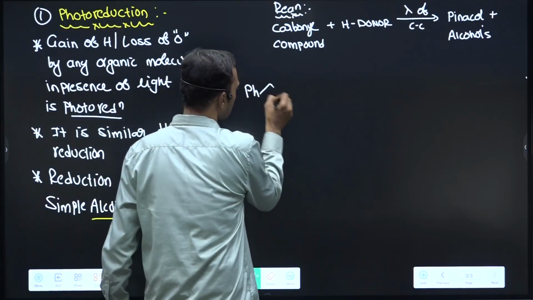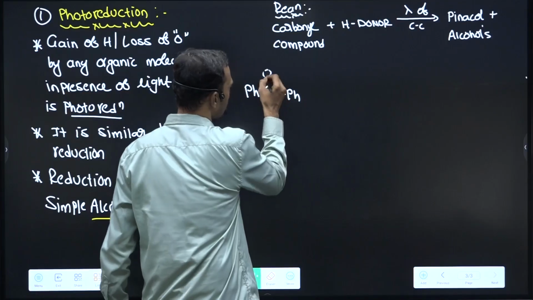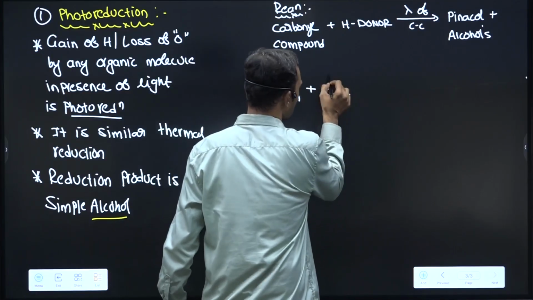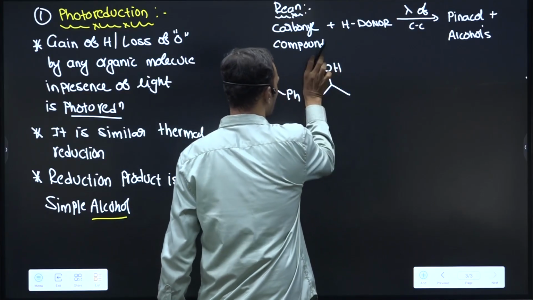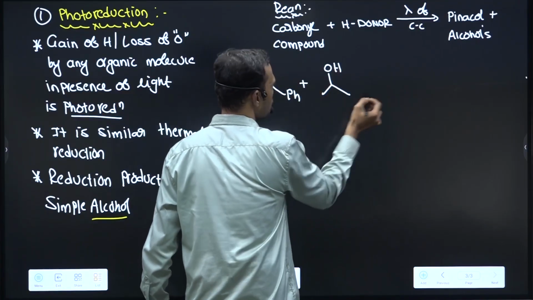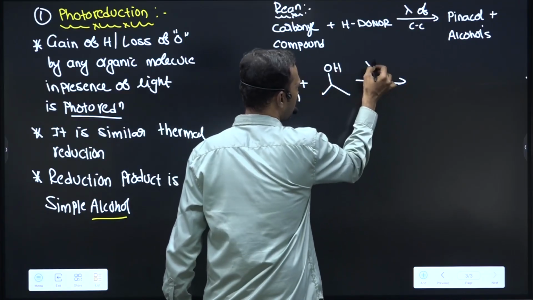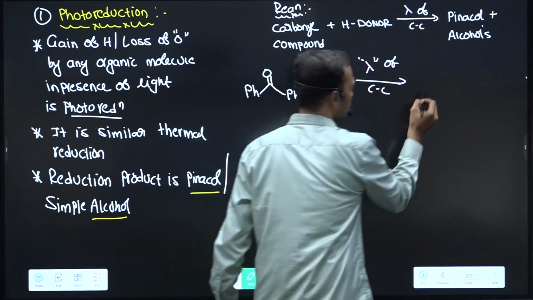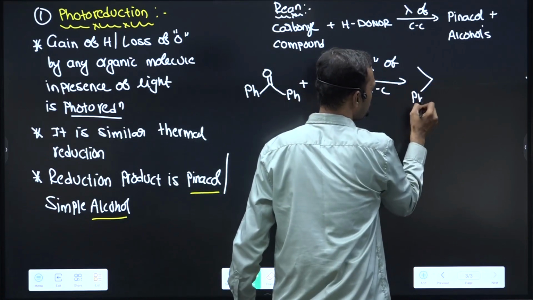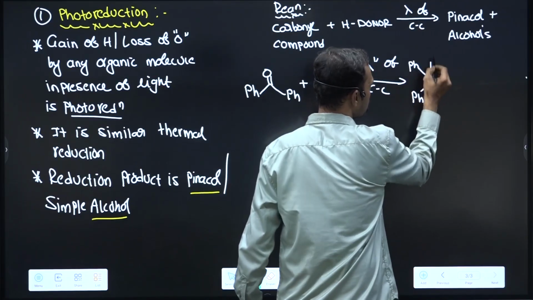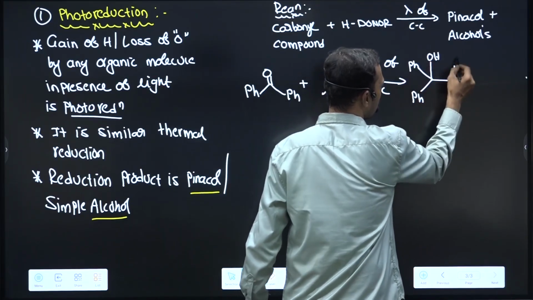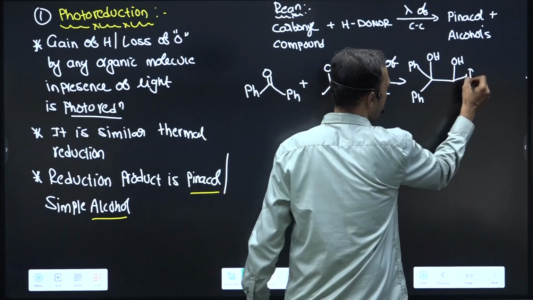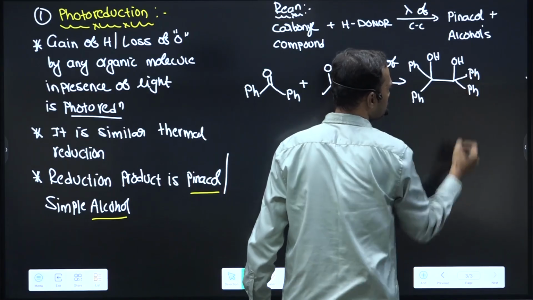See, I am taking a benzophenone and I am reacting with a simple alcohol. Now, this alcohol is a hydrogen donor. Now, I am taking a lambda of the carbonyl compound. Then see, you will get different products here. Here Ph and this is Ph.